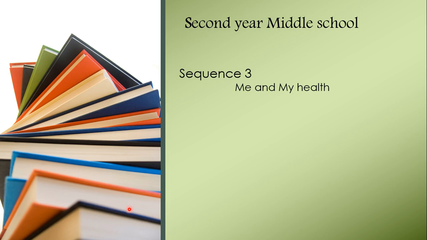Before getting to our new lesson, let's talk a little bit about the previous lesson. The previous lesson was about expressing obligation and expressing prohibition. Expressing obligation with the modal verb must, and expressing prohibition with the same modal verb must plus not, must not.